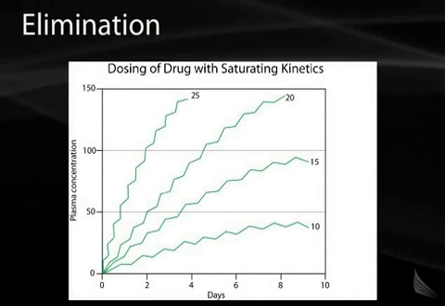With saturating kinetics, also known as zero order, these medications are much more difficult to dose, because what happens in these medications is you'll give a certain dose, but the body will not eliminate it faster as the concentration increases. The concentration will go up, but the elimination will stay the same. And therefore, as the concentration increases, the body may be exposed to very toxic concentrations of the medication.